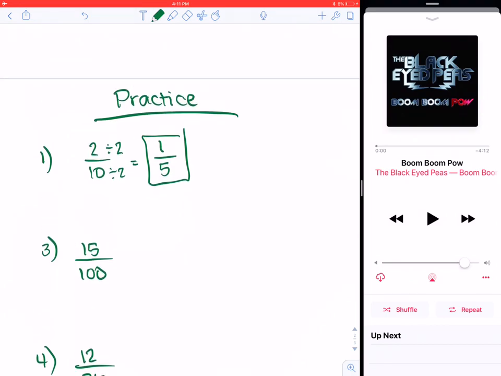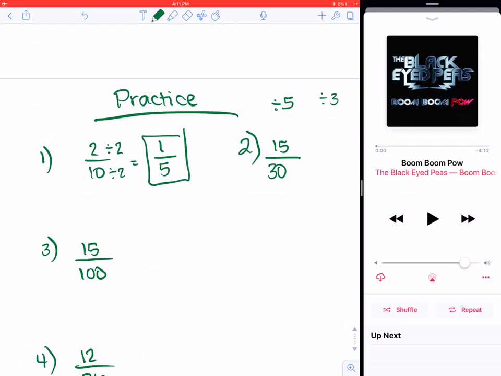Uh-oh, these are numbered wrong. Let's create a number 2. How about 15/30? Both of my numbers end in a 5 and a 0, which means I can divide by 5. I also notice that both numbers are a multiple of 3. 1 plus 5 is 6, and 3 plus 0 is 3.